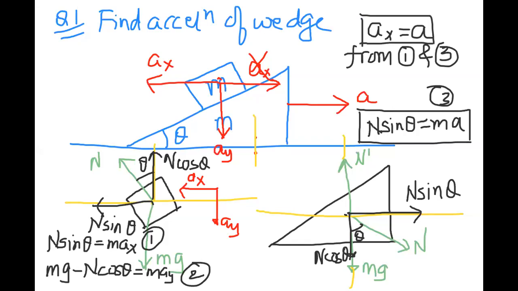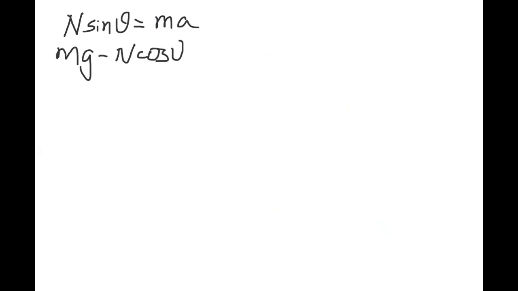So now I can write again the equations that I have to solve. Actually, now I have to write only 2 equations, because N sine theta is equal to mA and N sine theta is equal to m AX, and A is equal to AX, is really one equation. So we get N sine theta is equal to mA, and mg minus N cosine theta is equal to m AY.